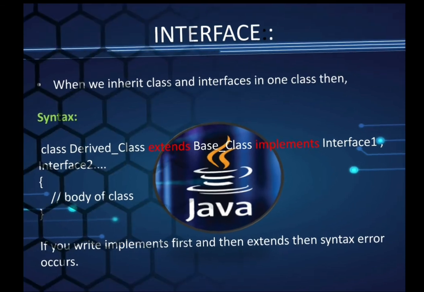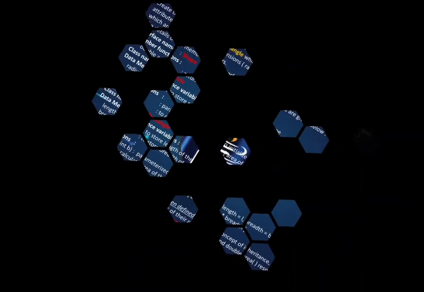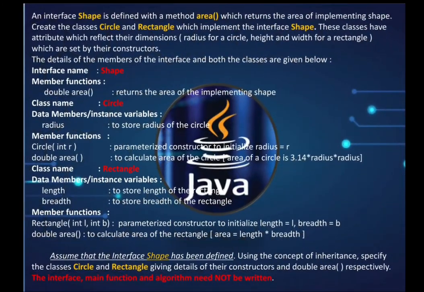syntax errors. And now we have a question with us which is already provided by ISC board. I am providing you a sample so that you can identify which sort of question is coming in ISC board and how you are supposed to deal with it. An interface shape is defined with the method area.